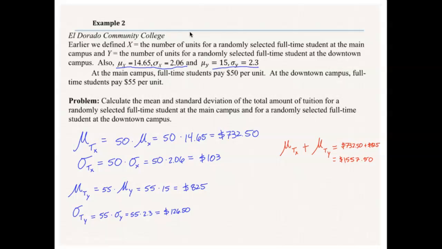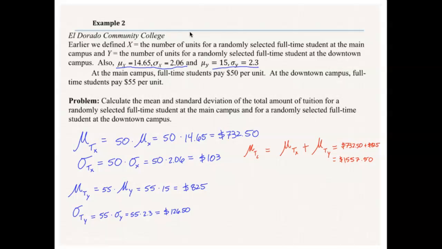All right, and remembering that I cannot add standard deviations, to compute the new standard deviation, actually let's name this. Let's say that this is the combined tuition. So I'll call that mu of TC, meaning the mean tuition combined.